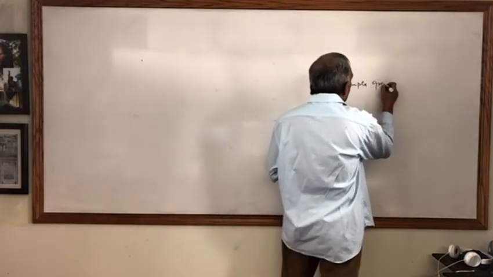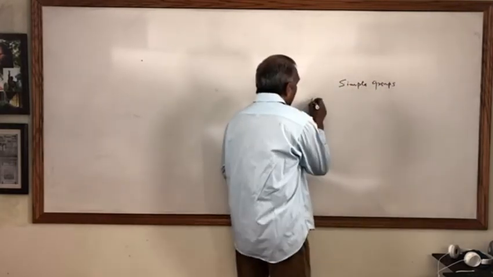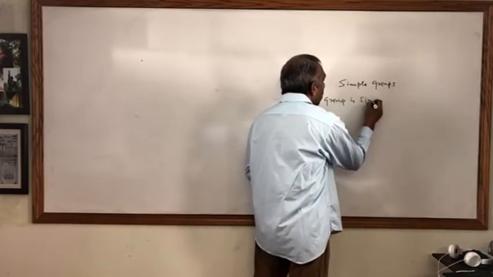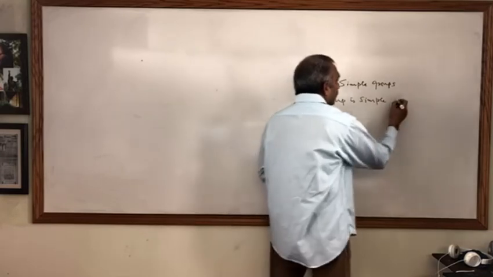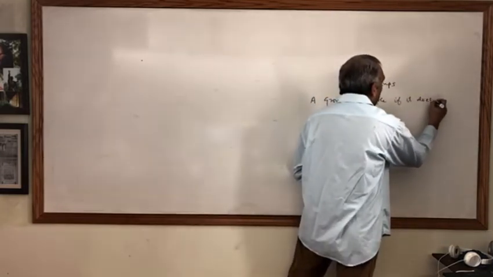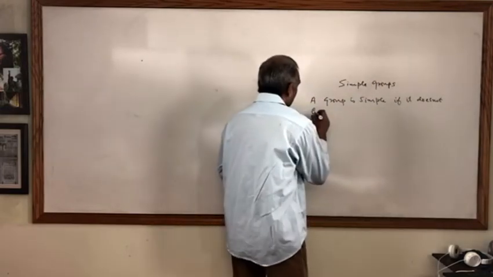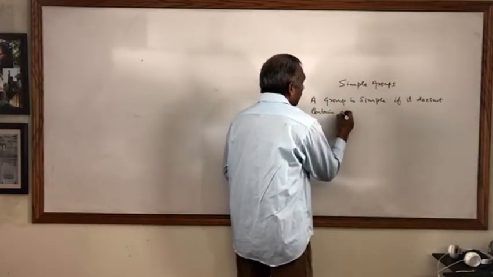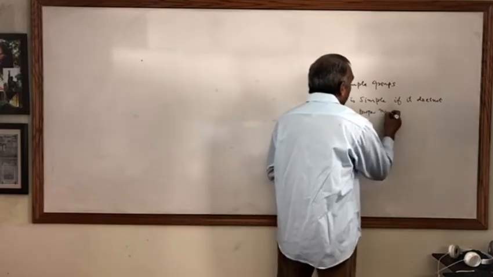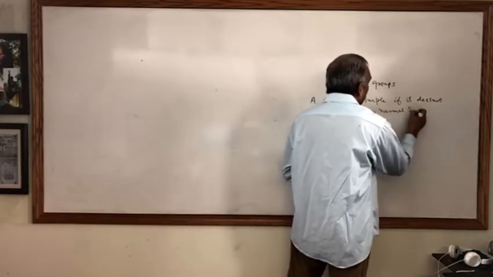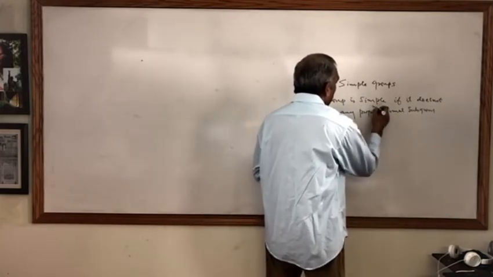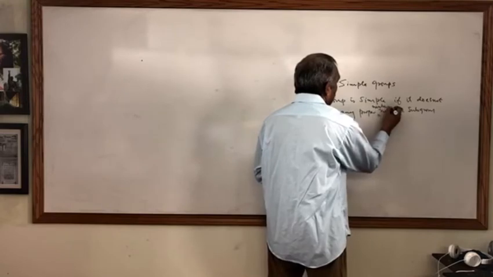A group is simple if it does not contain any proper non-trivial normal subgroups.